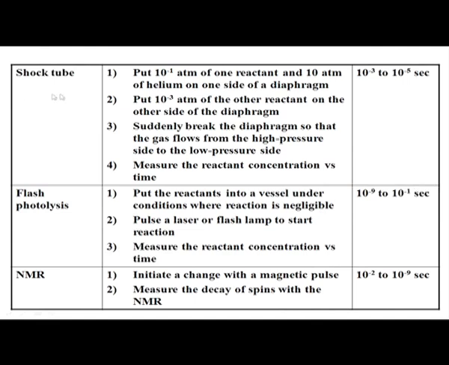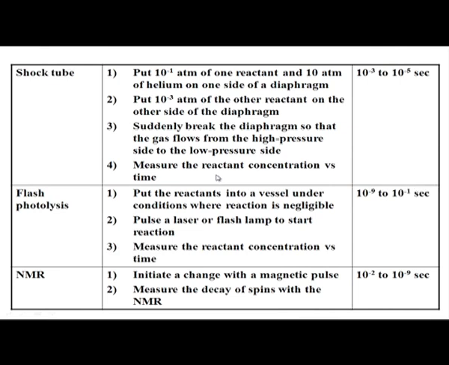Shock tube takes about 10 to the minus 3 to 10 to the minus 5 second. In that case put 10 to the minus 1 atmospheric pressure of one reactant and 10 atmospheric helium on one side of the diaphragm, and maybe 10 to the minus 3 atmospheric pressure of the other reactant on the other side. Suddenly break the diaphragm so that the gas flows from the high pressure side to the low pressure side.